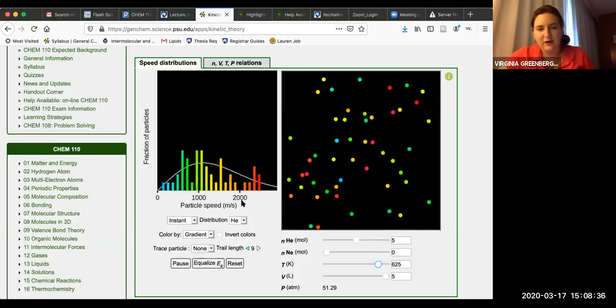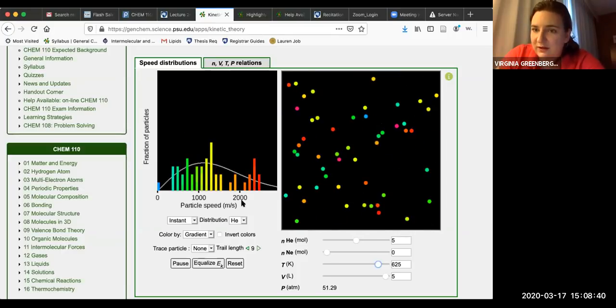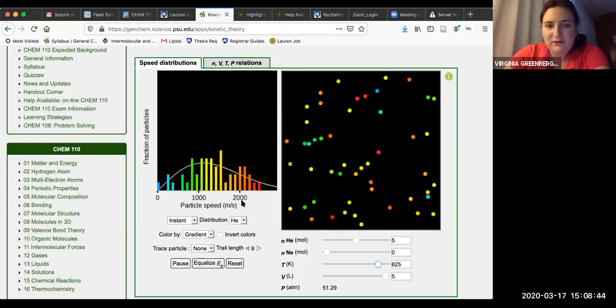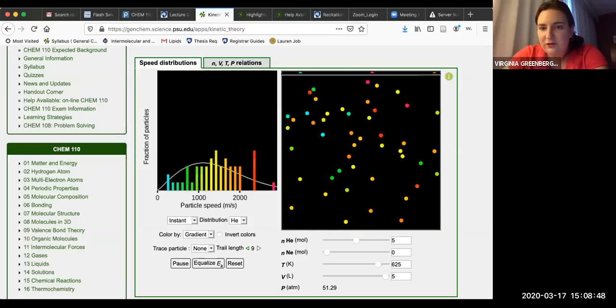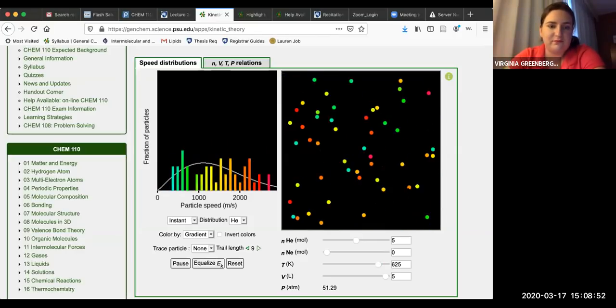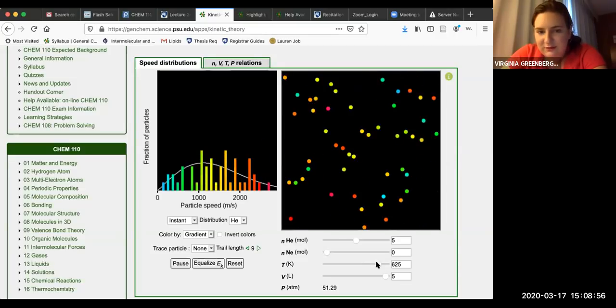Now the particles have enough energy to reach more of the 2,000 meters per second speeds. So we can see we have this broader distribution now that particles are going faster. And those faster particles are what are appearing red and orange in the box here. Okay, so let's slow them down a little bit.